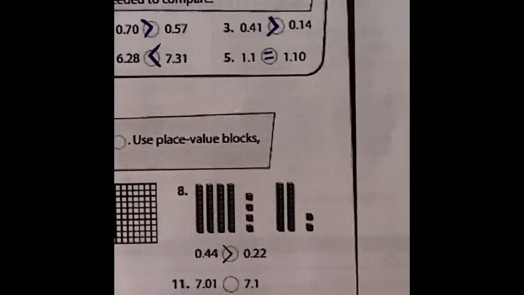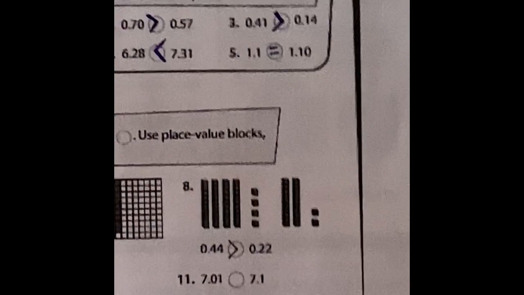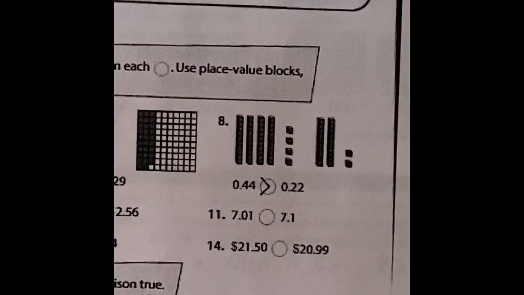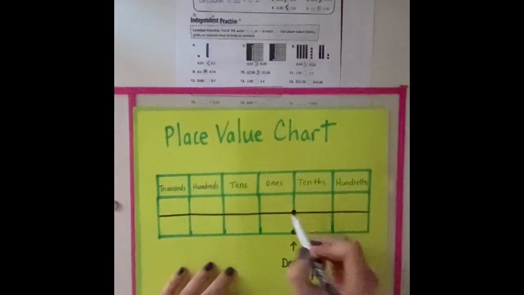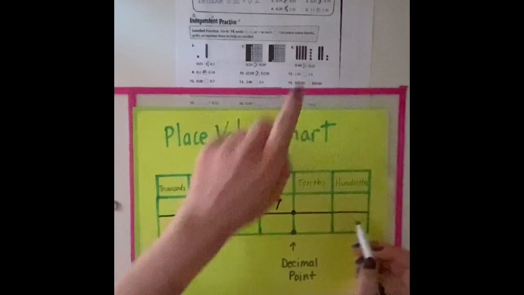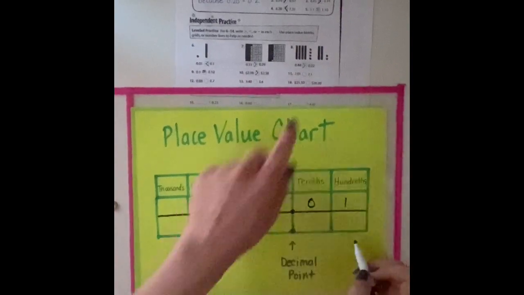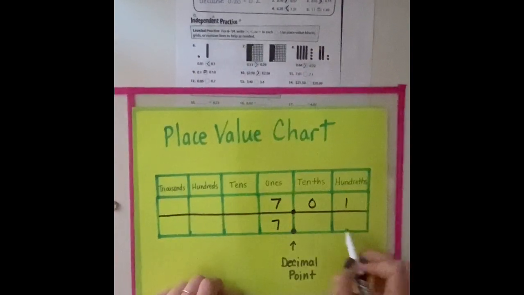For number 11, I think they're trying to trick us into thinking that this is an invisible 0 situation, but if I put this into my chart, it's 7 and 100th versus 7 and 1/10.